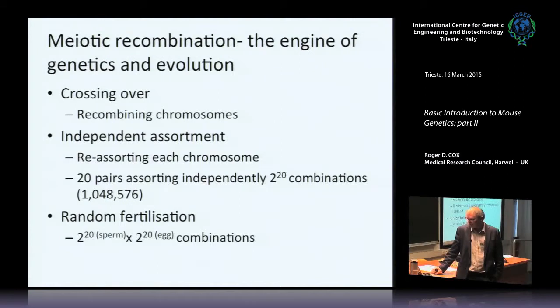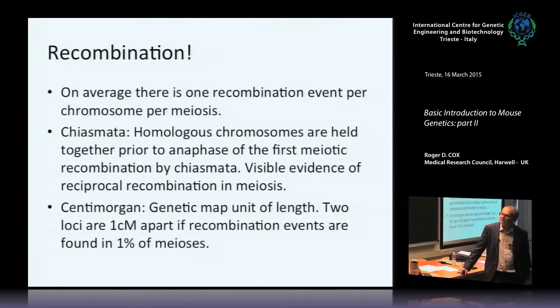So it's a very powerful process, and it's the engine of genetics and evolution. This is what gives us the variation and the permutations of variation that evolution can select, should they provide advantage or disadvantage.